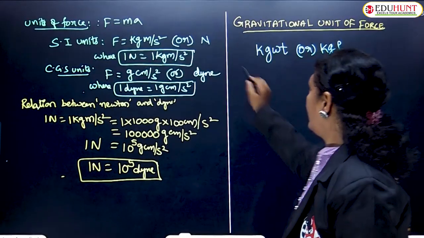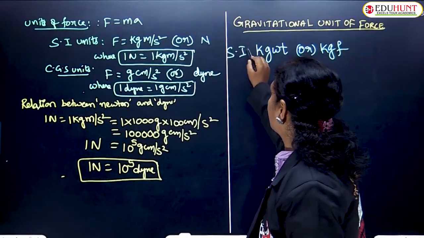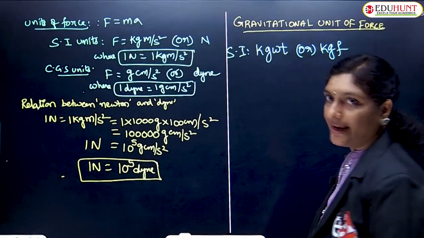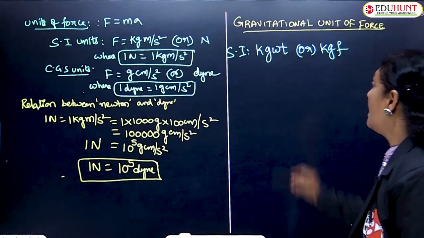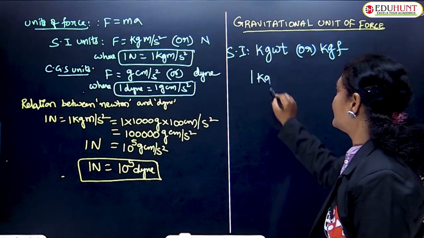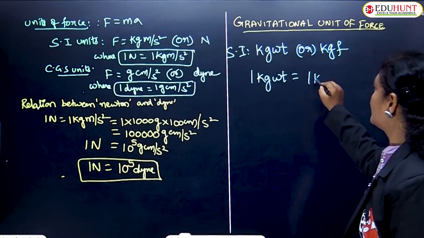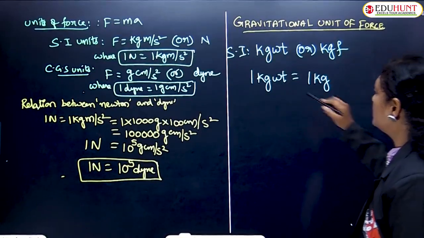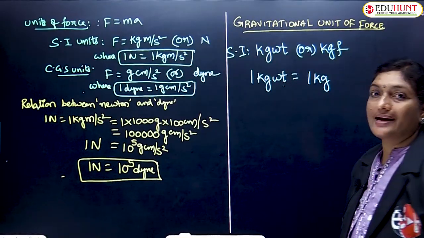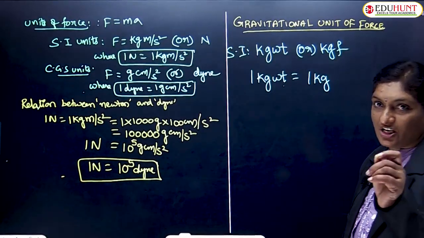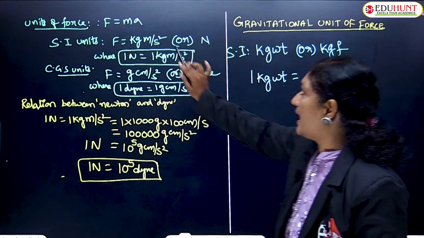The SI unit of gravitational force is written either as kg weight or kg force, where 1 kg weight is nothing but 1 kg into, instead of weight, I can write the value of acceleration. Here F is equal to ma.